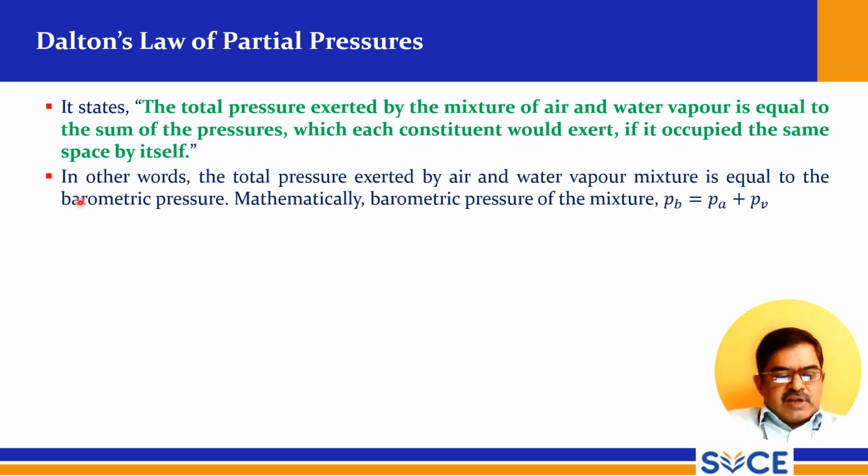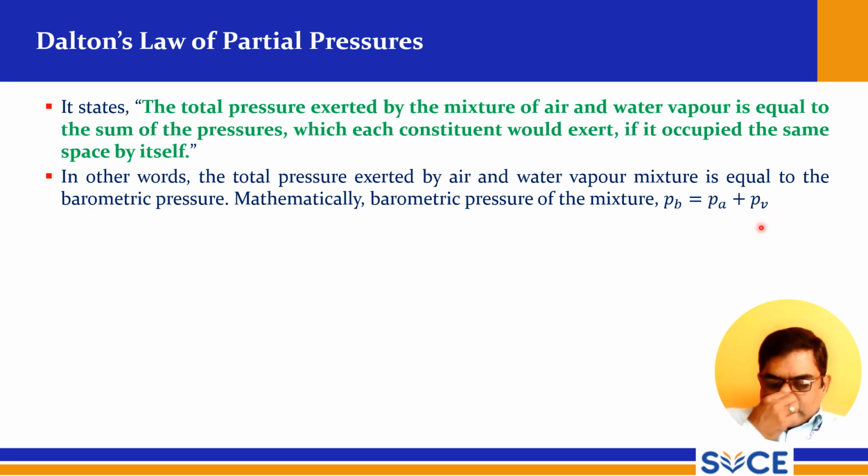In other words, the total pressure exerted by the air and water vapor mixture is equal to the barometric pressure. Mathematically, the barometric pressure of the mixture is PB equal to PA plus PV, the pressures of air and water vapor.